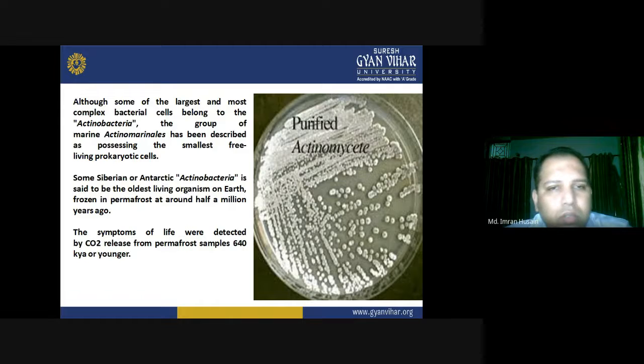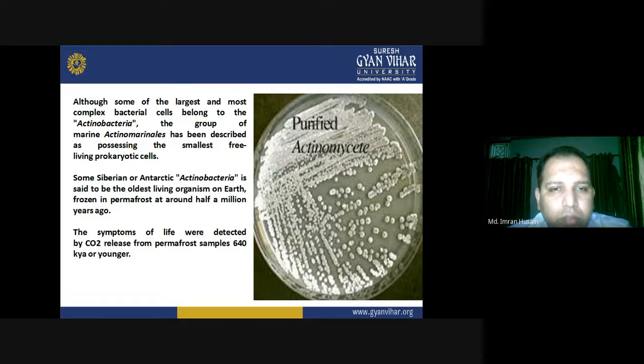Although some of the largest and most complex bacterial cells belong to actinobacteria, the group of marine actinomarinales has been described as possessing the smallest free-living prokaryotic cell. Right.